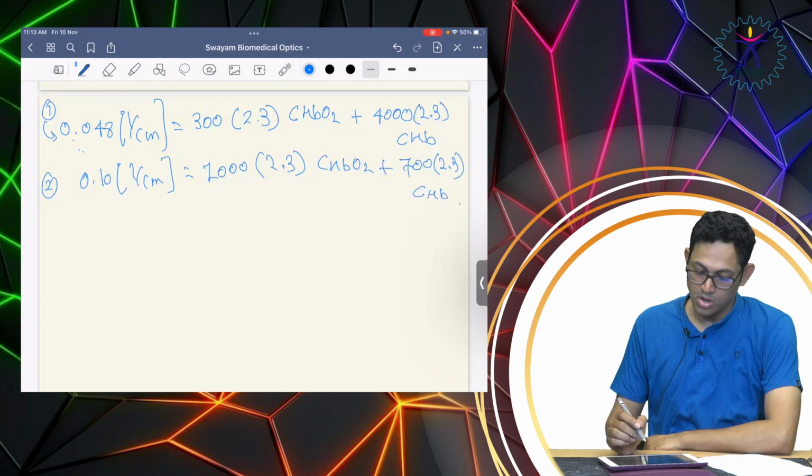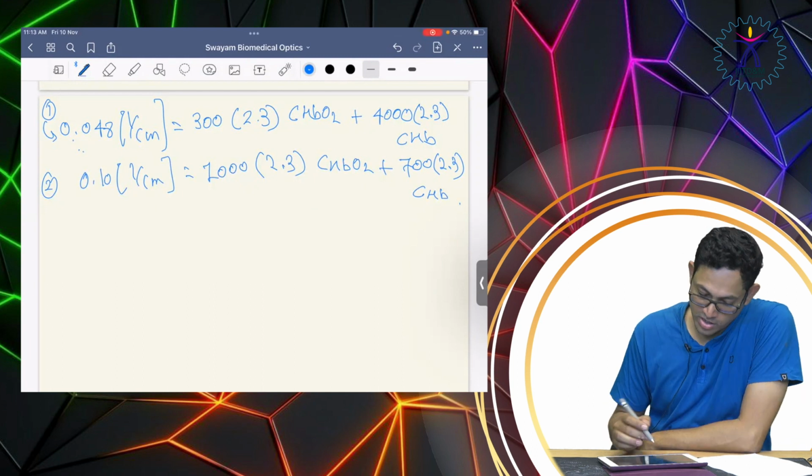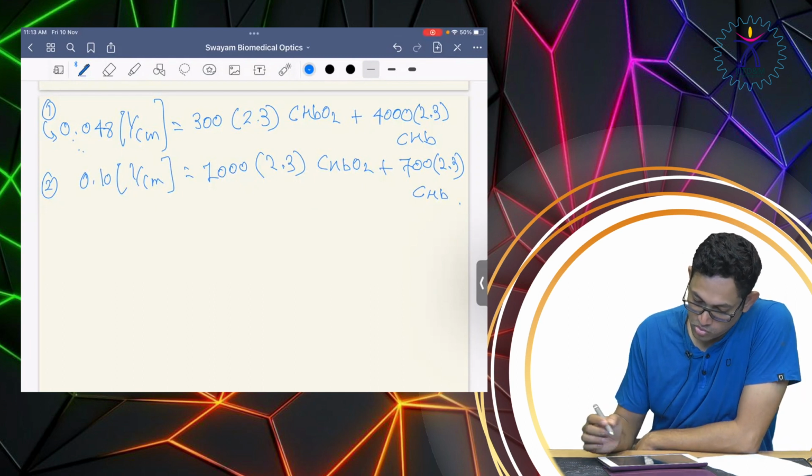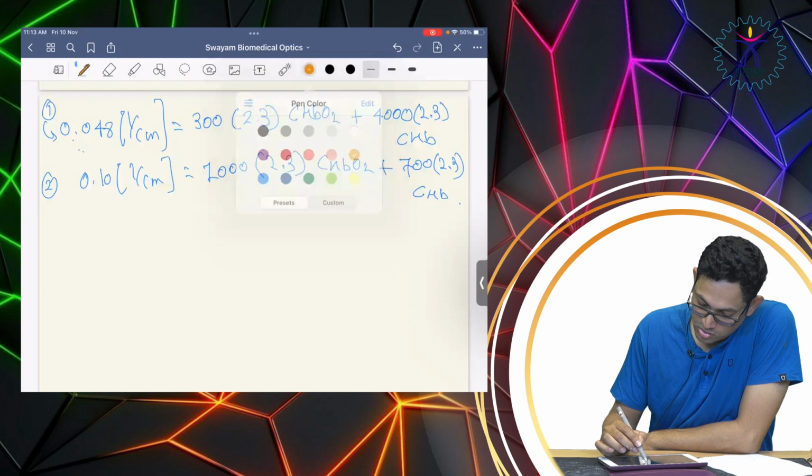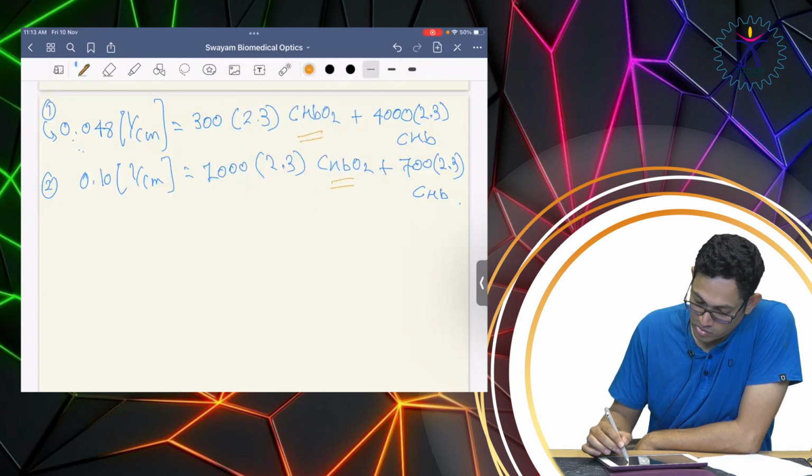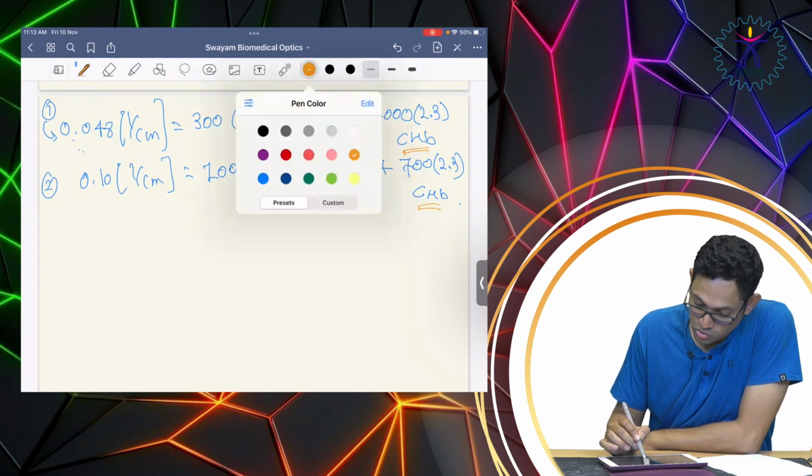As you can see, there are two equations and two unknowns: the concentration of HbO2 and the concentration of Hb.